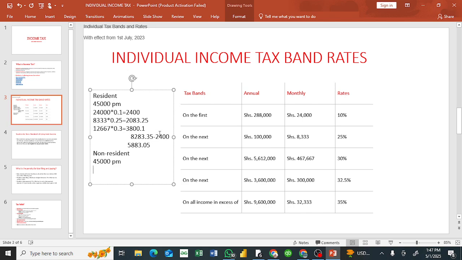When it comes to personal relief, because John is not entitled to it, you cannot deduct any personal relief. Remember, personal reliefs are incentives meant to reduce tax. So there is no personal relief, and you will pay 8,283.35. As simple as that.